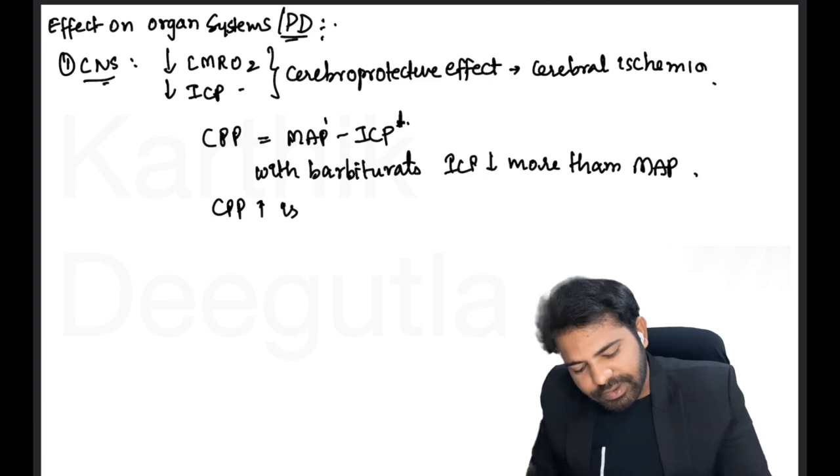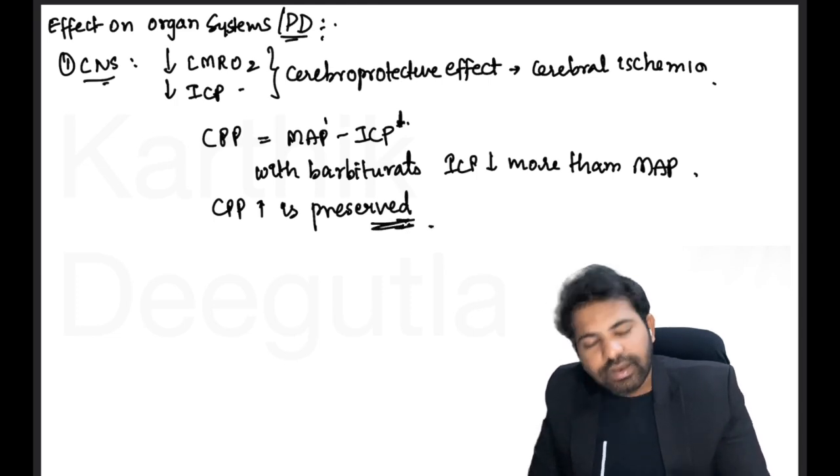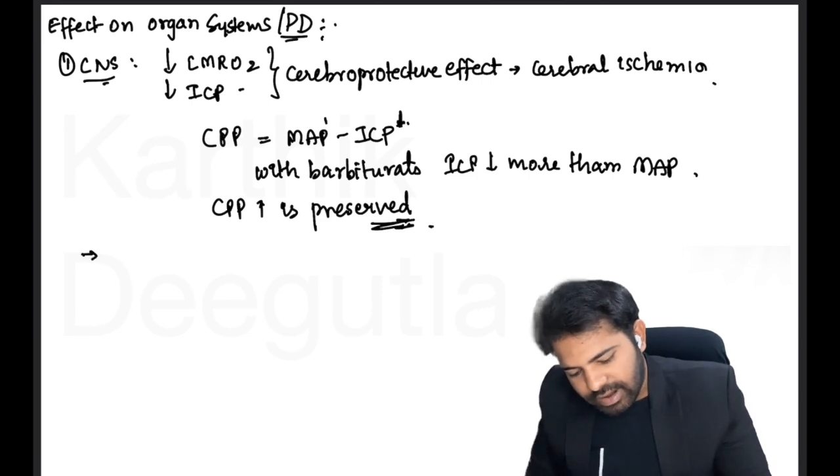So cerebral perfusion pressure is preserved using barbiturates. Clear? Then let's see about its effect on the EEG.